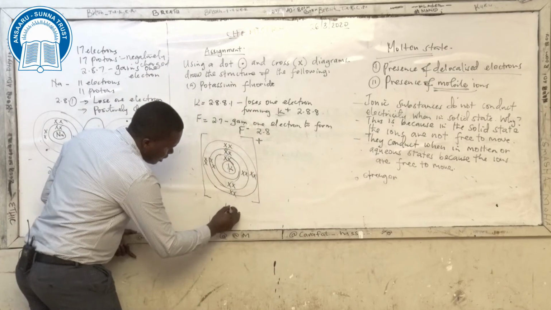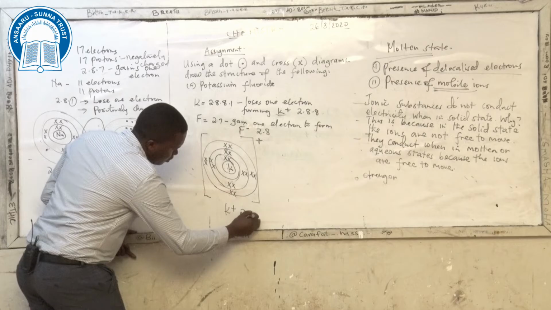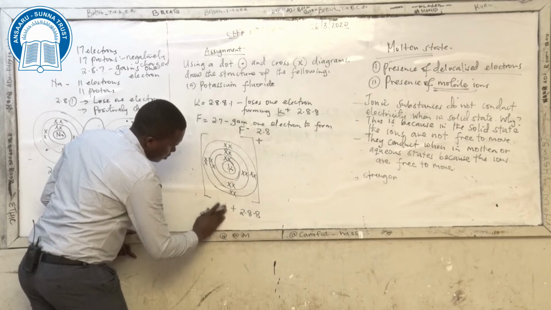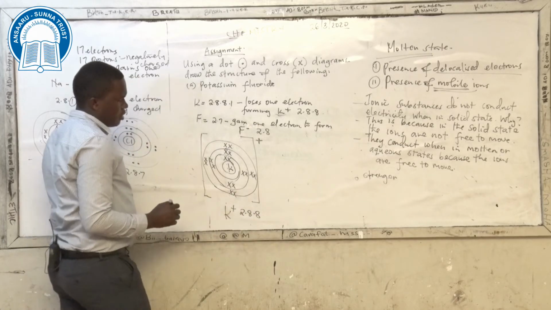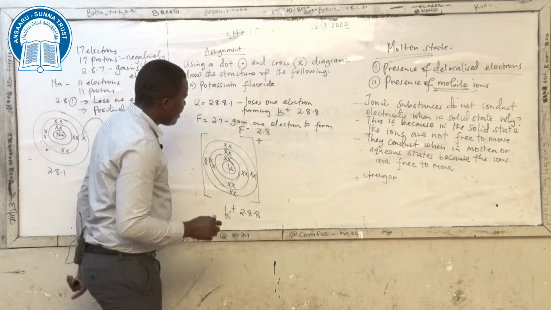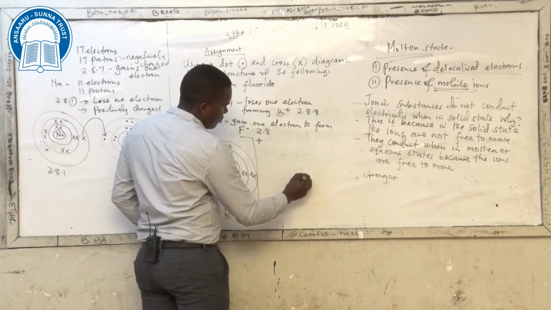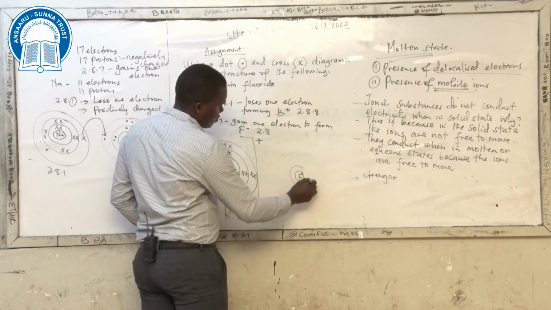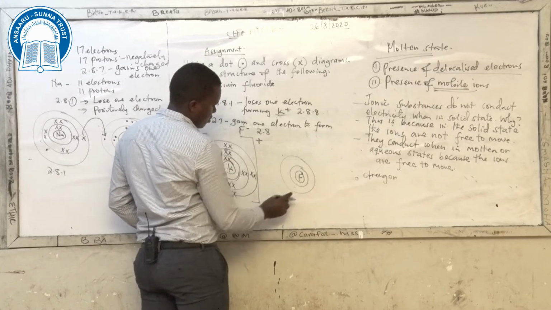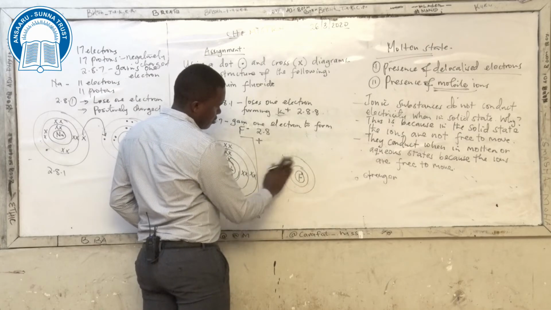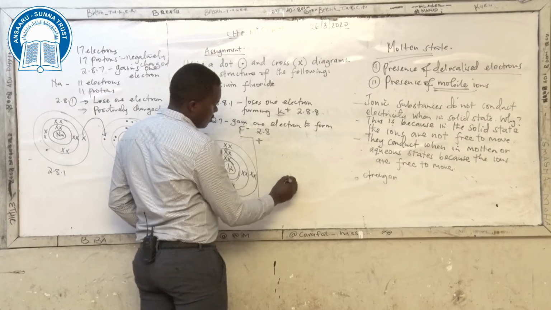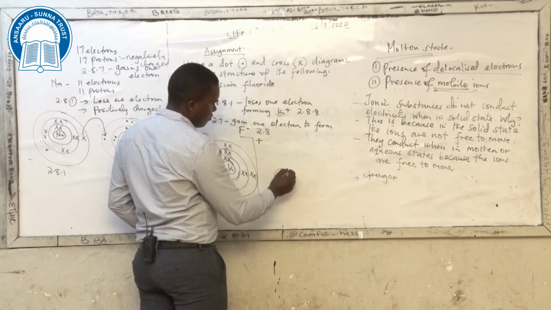So this one is K plus, configuration 2,8,8. Then you also draw the fluoride ion, F. You draw it close to potassium.